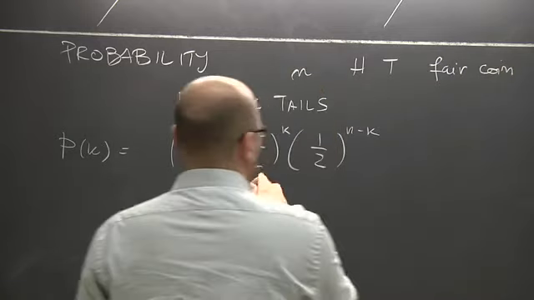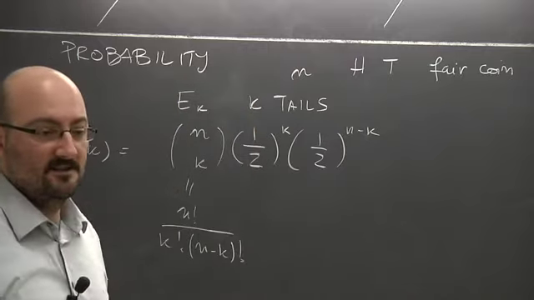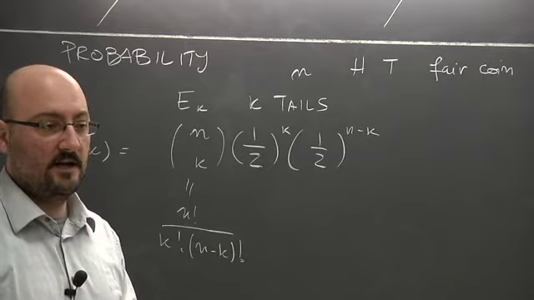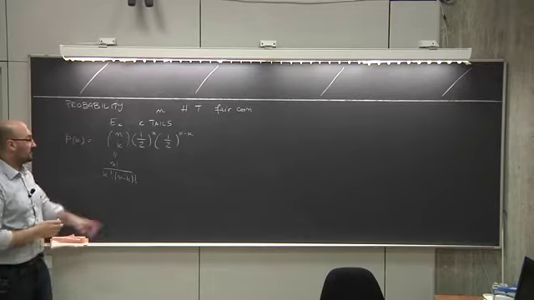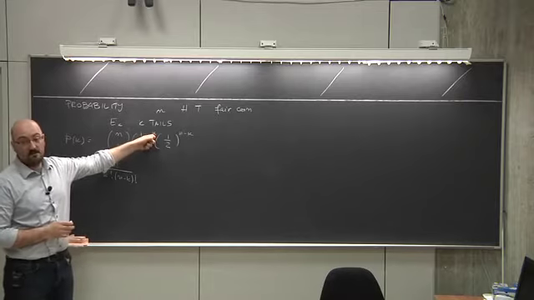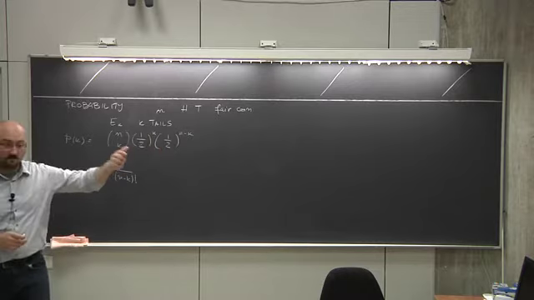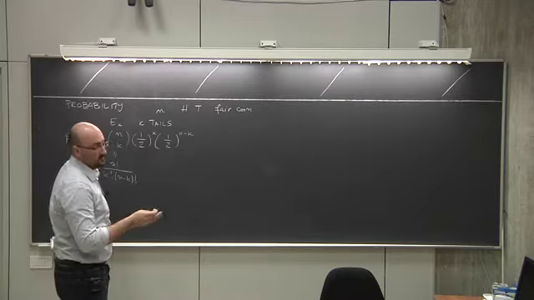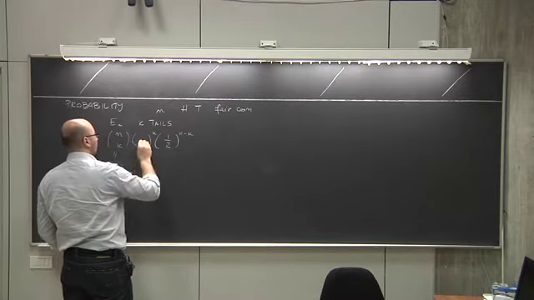Otherwise, instead of 1/2 and 1/2, we have to put p, the probability of tails, to the power k, and the probability of the conjugate event, 1 minus p, which we call q.